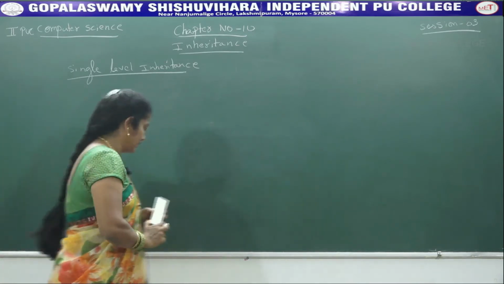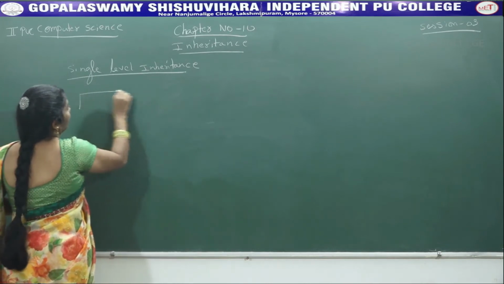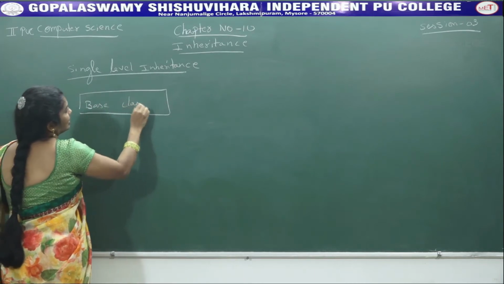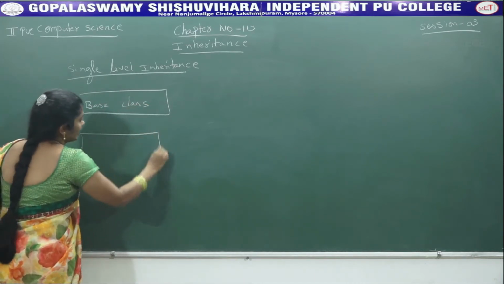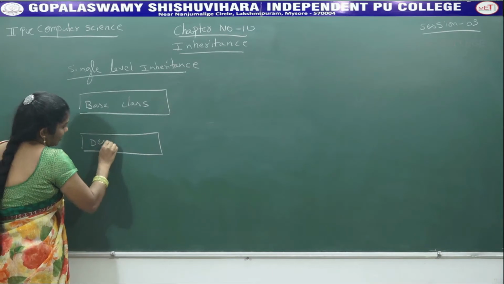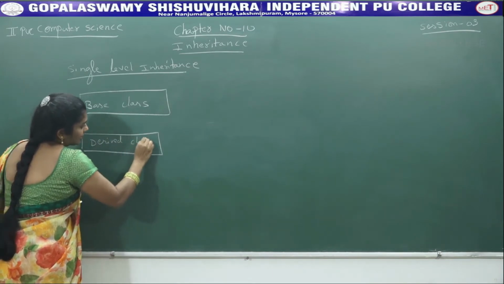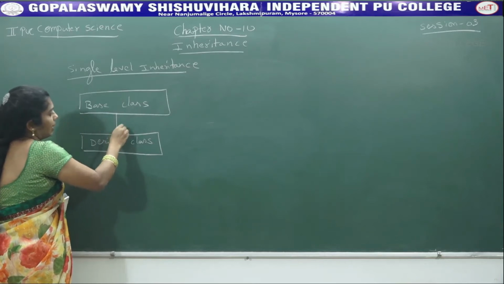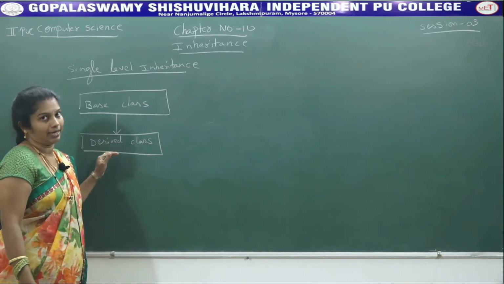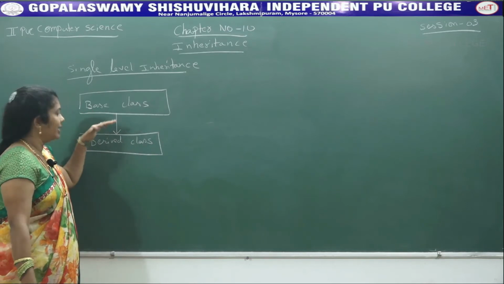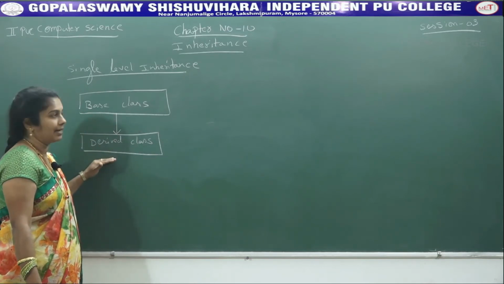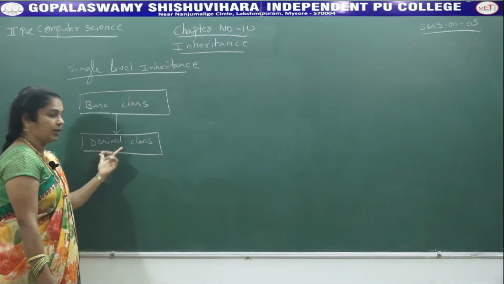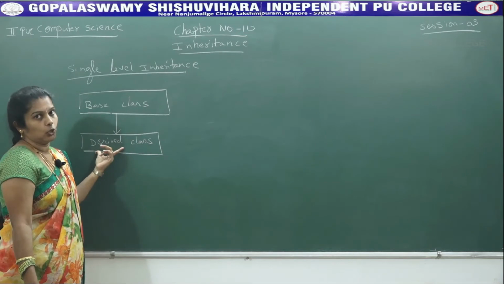For example, we have one base class and one derived class. The properties are passed from a single base class to one single derived class. Only one base class is there and only one derived class is there. Here the derived class acquires the properties of the base class, and it may have additional properties also.